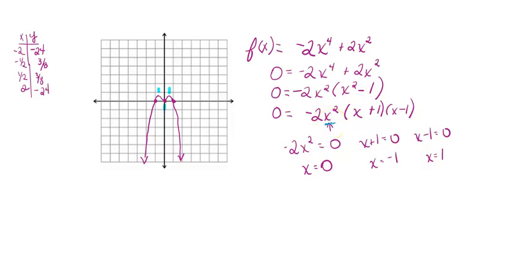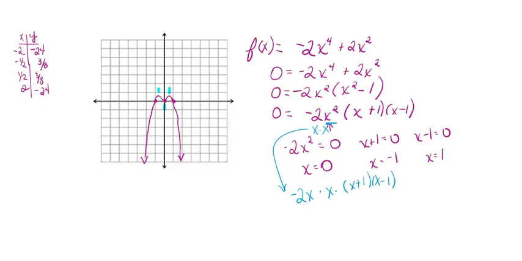I mean this x squared here is really x times x, right? So think of it as being -2x times x plus 1 times x minus 1. Those are the factors of this polynomial.